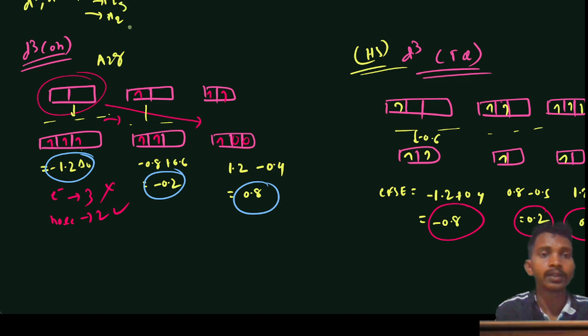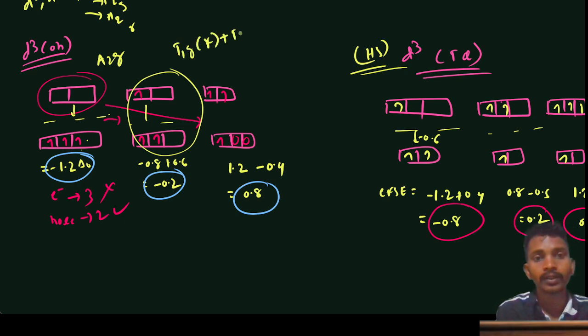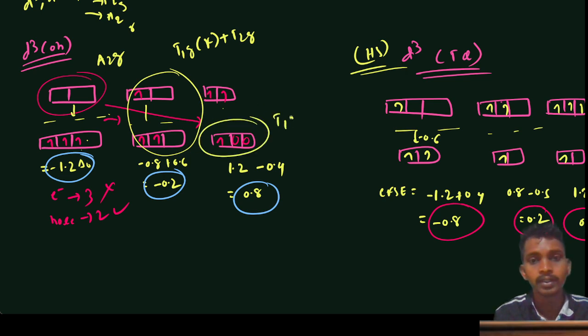This is g for octahedral, and no g will be there for tetrahedral. So this will be assigned A2g, and this is a degenerate state, so I will assign T1g F plus T2g, and only here is a degenerate state, so I will assign here T1g F.